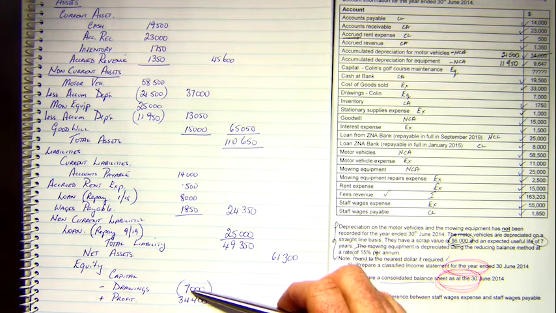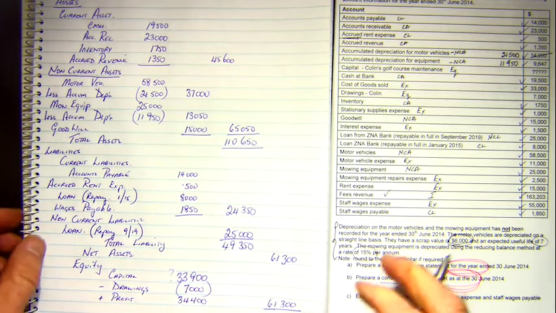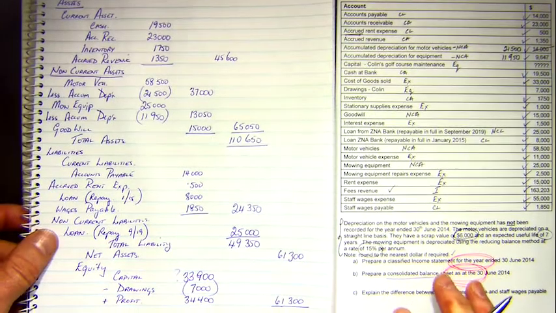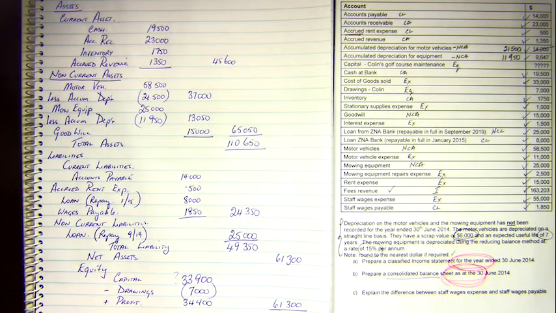I've got 34,400 less 7,000 makes 27,400, and it has to come back to 61,300. So what's my missing capital figure? How much? 33,900. So that's my balance sheet. Now I can just fit the whole thing on the screen, except for the title.